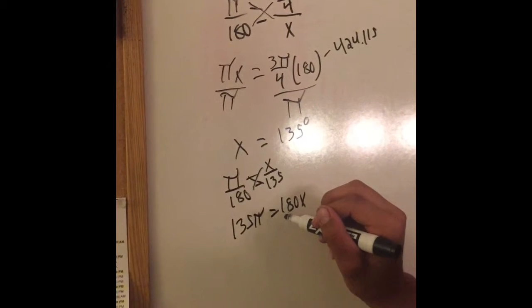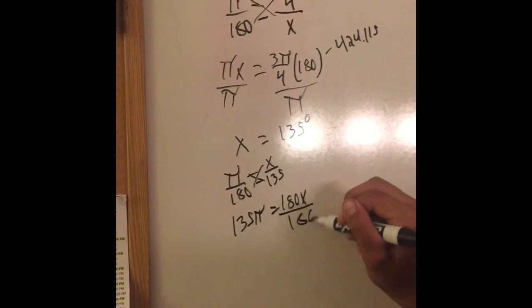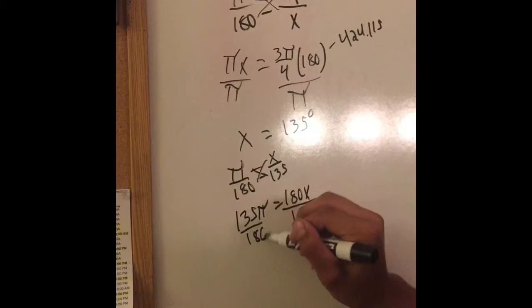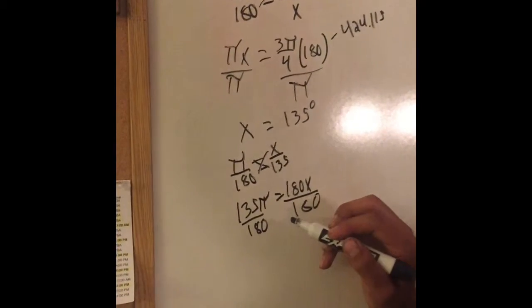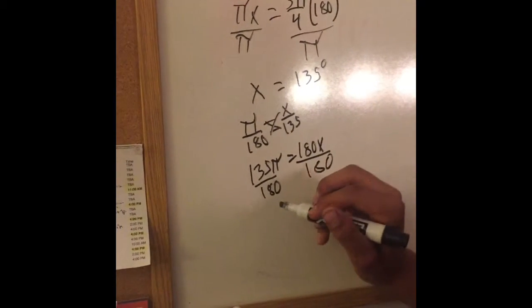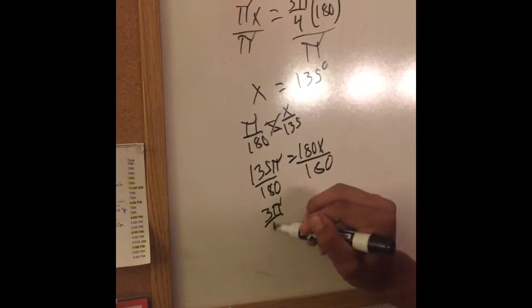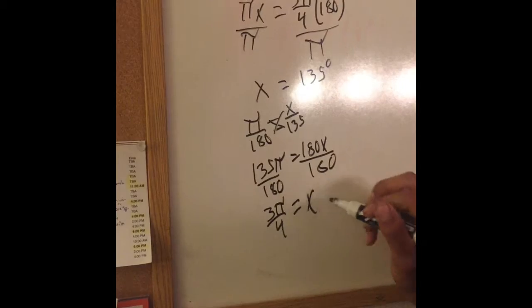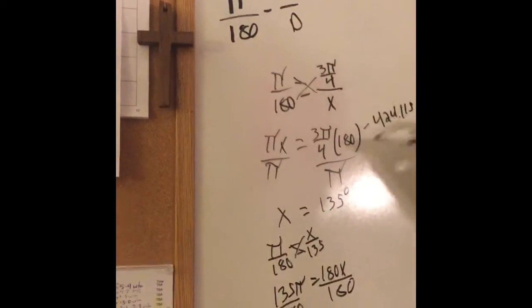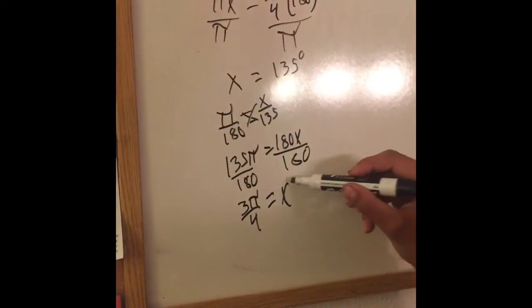So I'm going to divide 180 from both sides. And this can be simplified down by 45 on each one. And it brings us back to 3 pi over 4 equals x. Changing our radians to degrees and degrees back into radians.